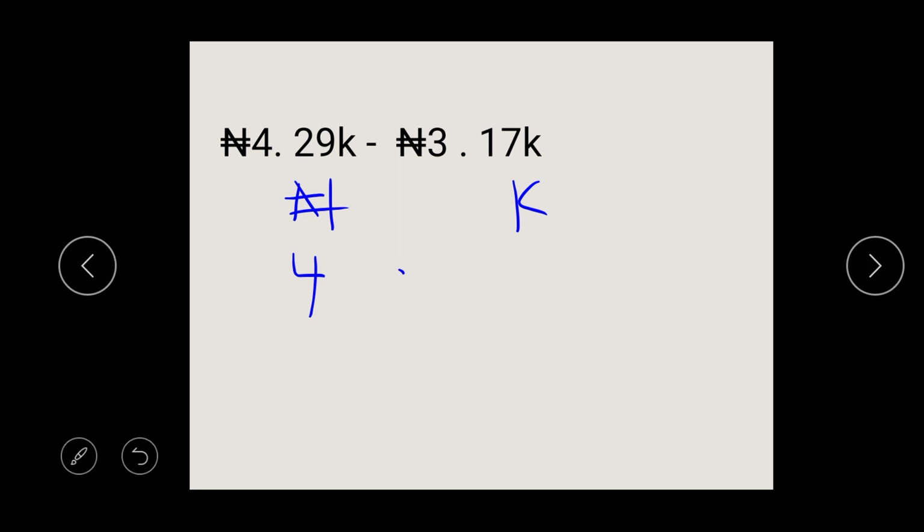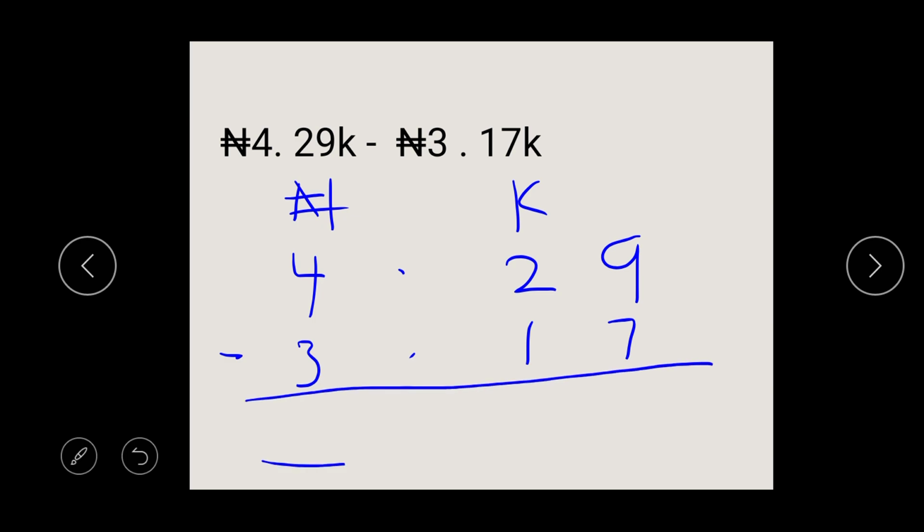Then 29 Kobo. Can you see? My 2 is under K and 9 is beside 2. Then we also have minus, don't forget your sign. 3 Naira, put your dot, 17 Kobo. So we need to work this out.